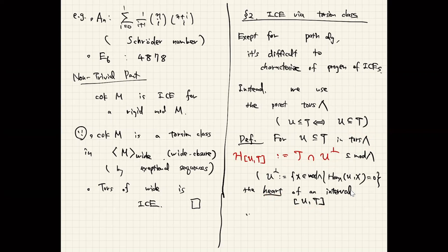So it's something like a categorical version of T minus U. For example, there is a trivial formula: if we consider the heart of an interval of the form [0,T], then we obtain T. And this is something like T minus 0 is equal to T.